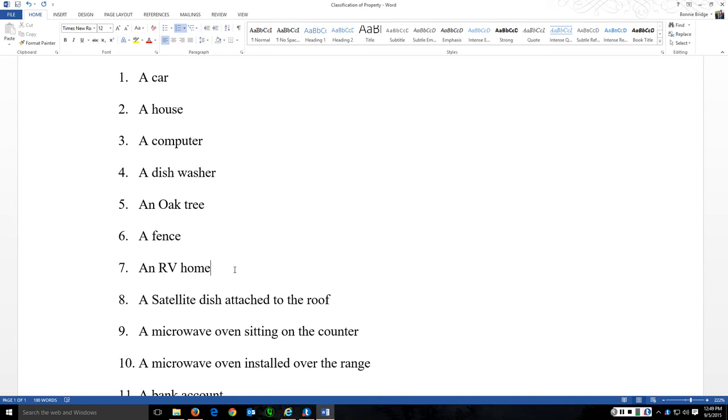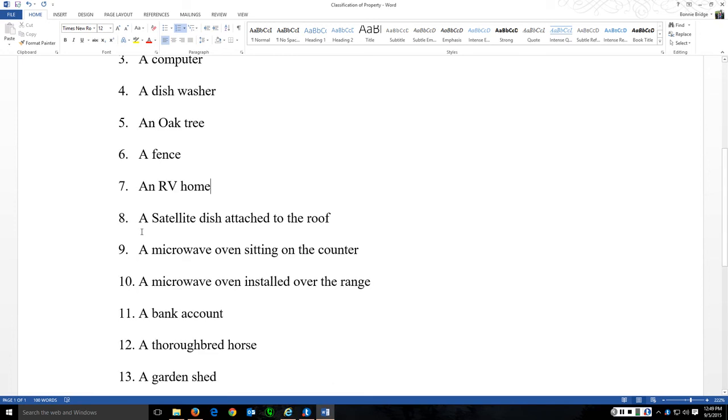So whenever there's a question, a judge is going to look at those 3 things. Remember, annexation, adaptation, and intention. If the mobile home has been attached to the land in any way, like through sewer systems and whatnot, then it's going to be considered real property.